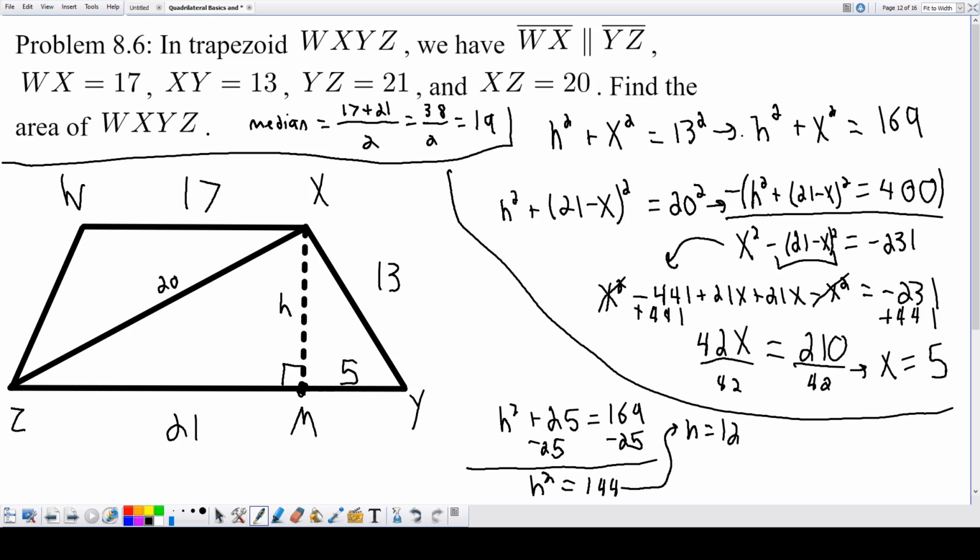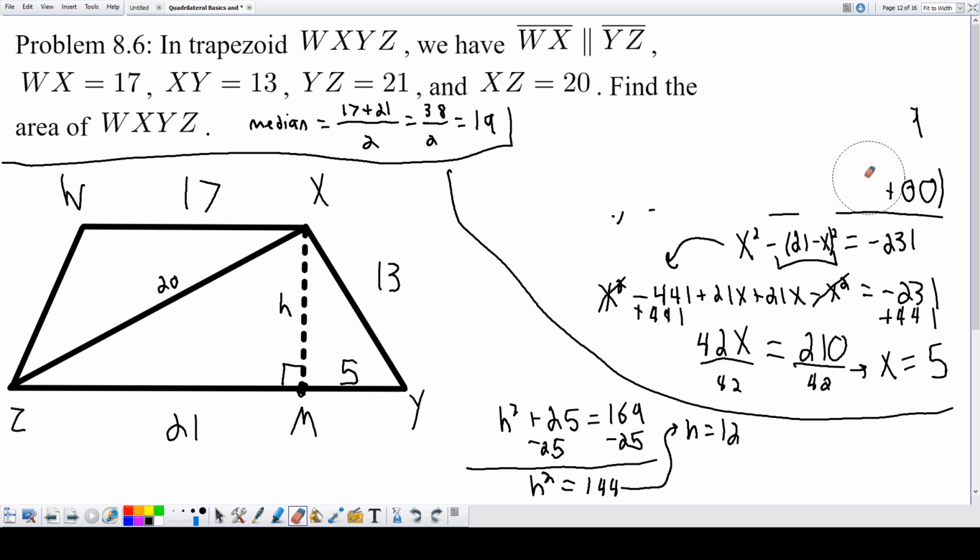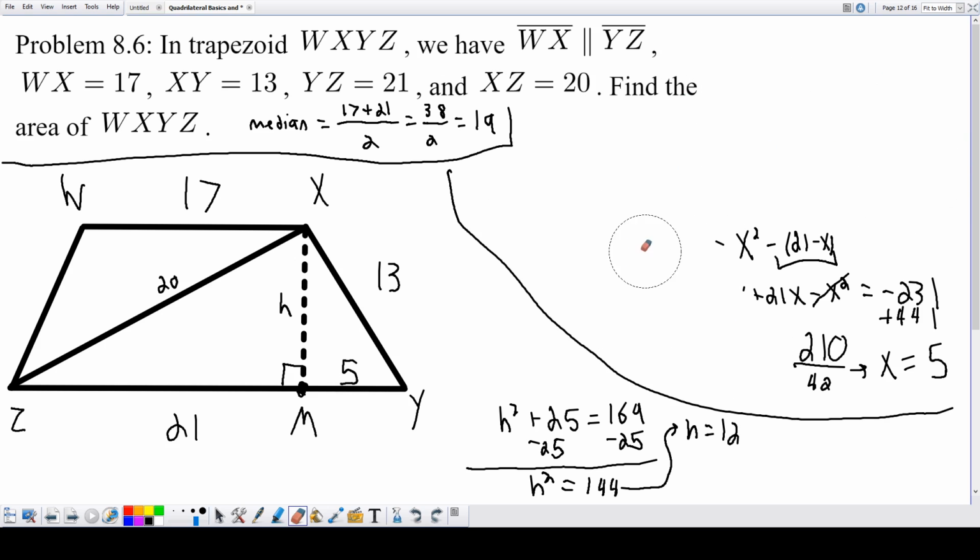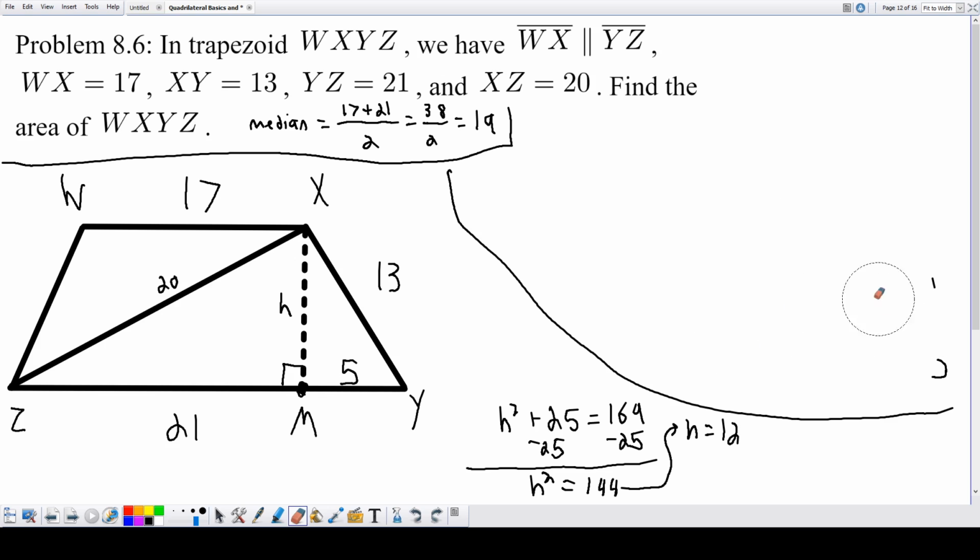Now, going on from there, we have that the area, I'm just going to erase some of that work we did. The area is the length of the median times the height.